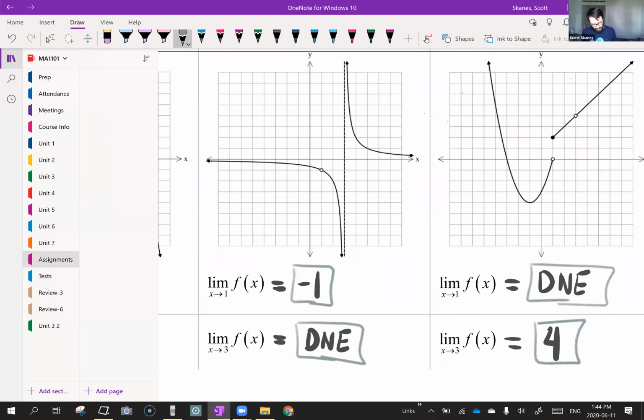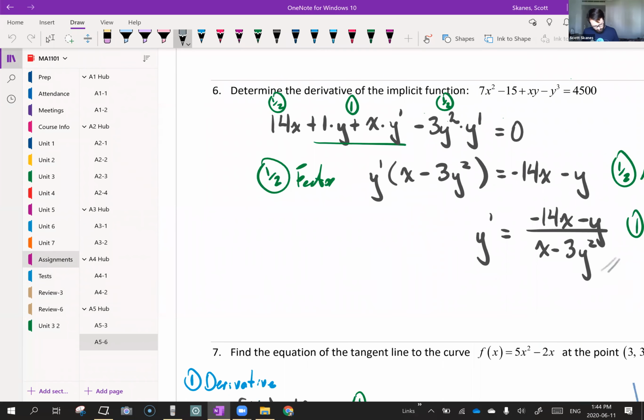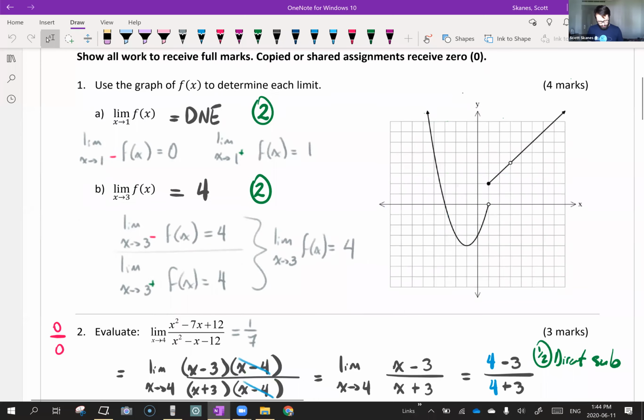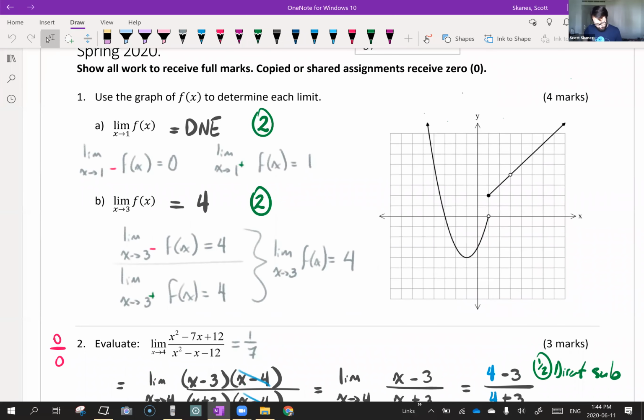I want to bring up the assignment. Do you see what this question is? Look familiar? Does not exist. Left and right don't agree. When x is 3, 1, 2, 3. We just did this question. From the left side, 4.